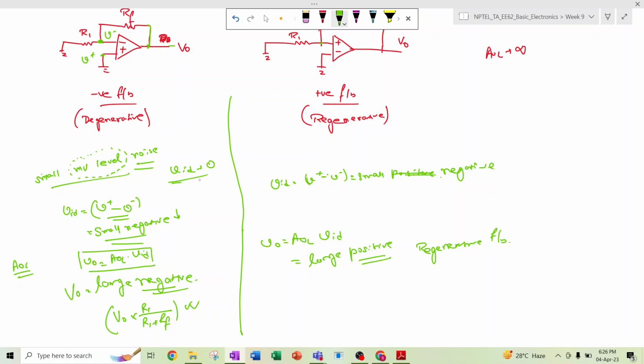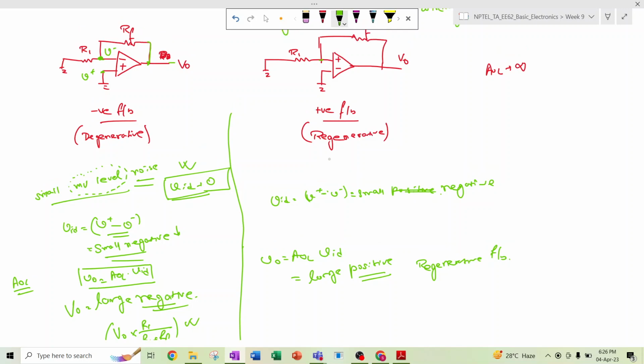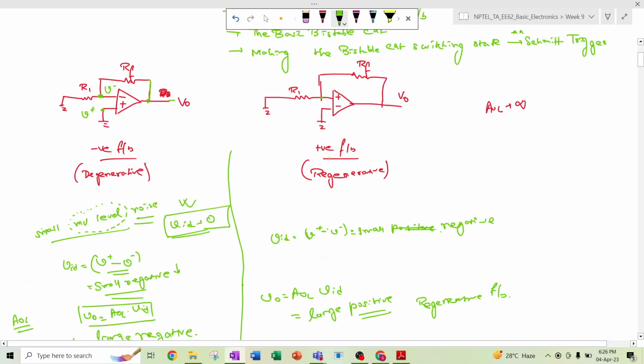This concept we have already discussed, which is the virtual short. The concept of virtual short always holds in degenerative feedback, but in positive feedback the non-inverting terminal potential always stays away from the inverting one. So here the difference becomes much more than before.